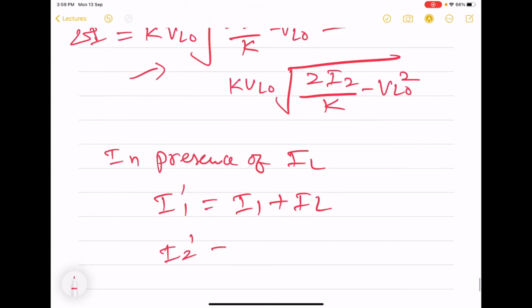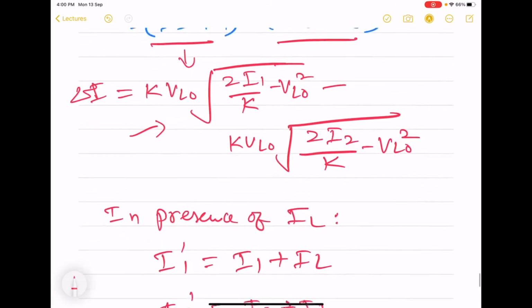Similarly, I2 becomes I2 plus IL. This is what happens in this modified circuit, right?